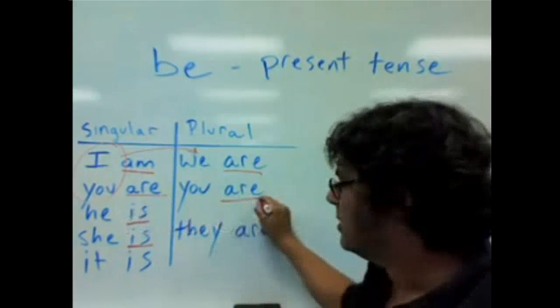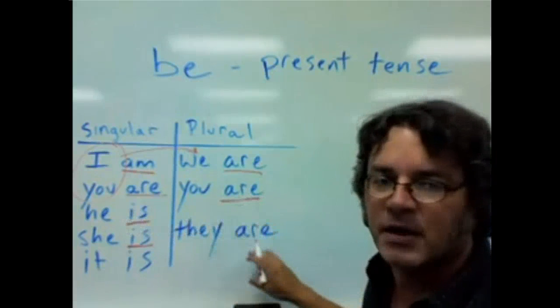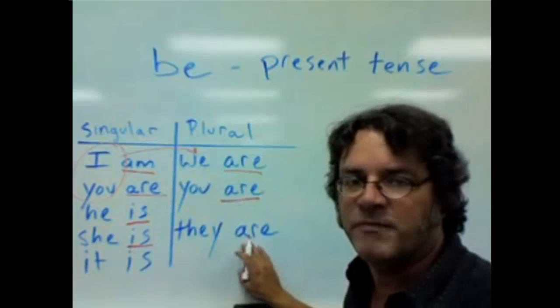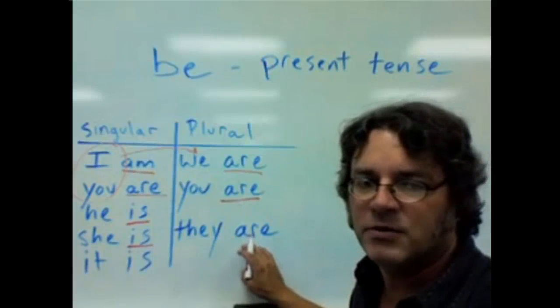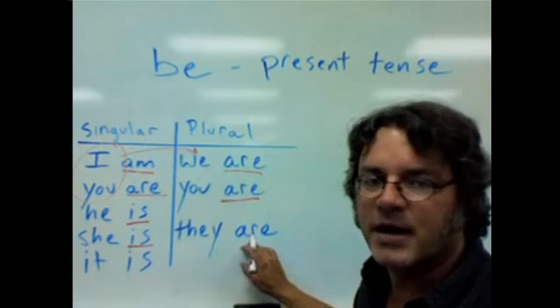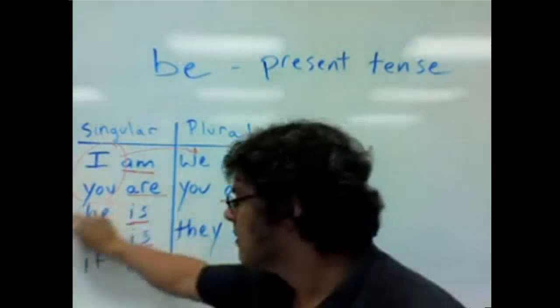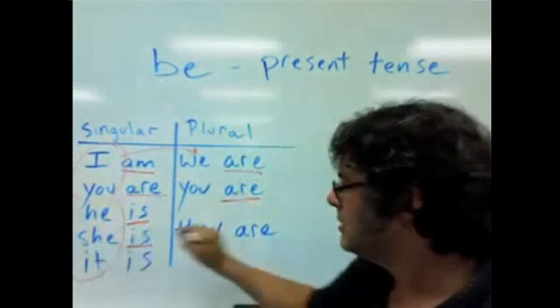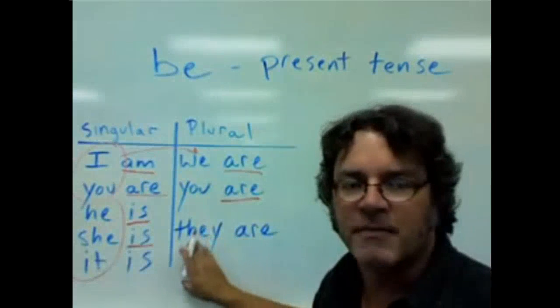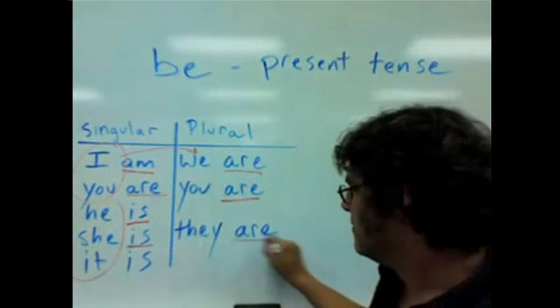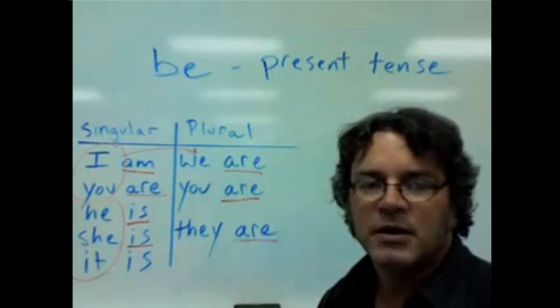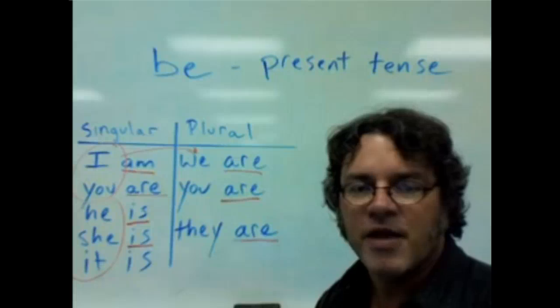And this is the verb be. And for a group of people, use they. They are. He, she, it, in the plural form become they, and then use the verb be. They are.